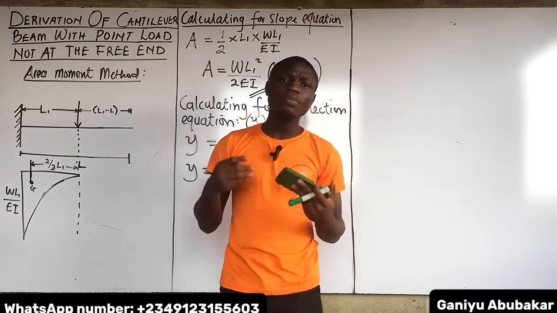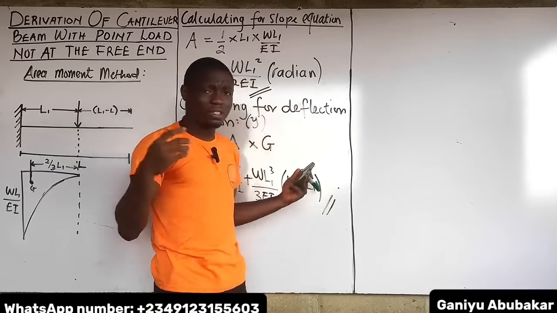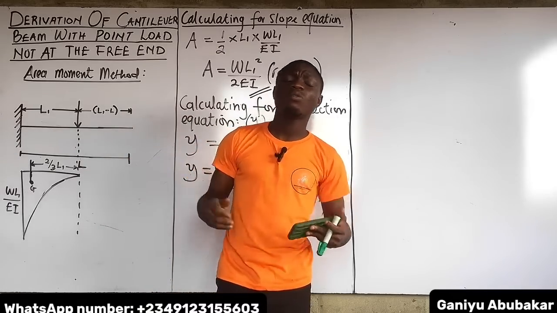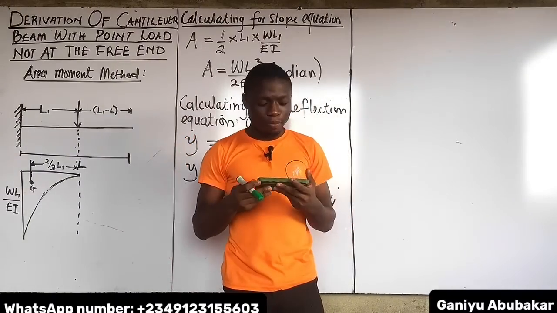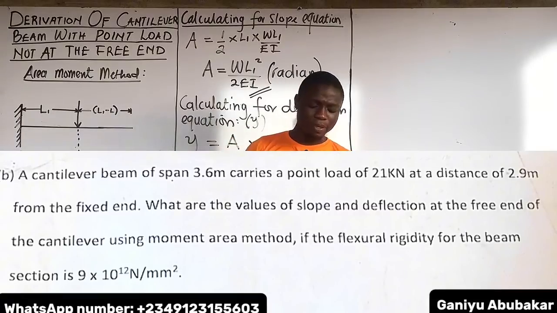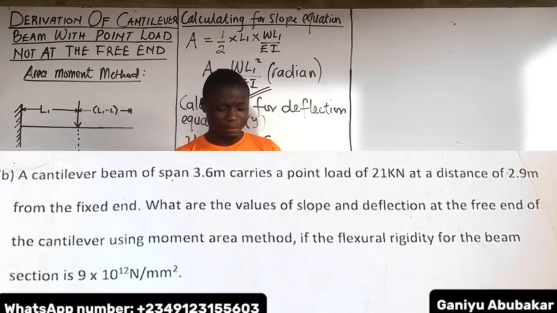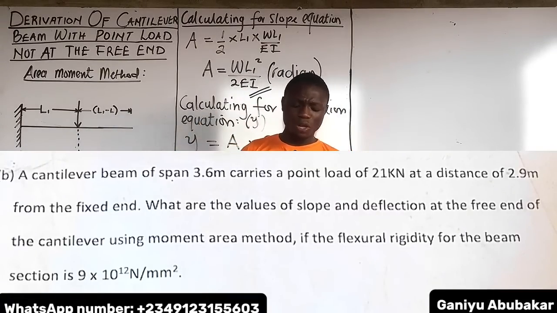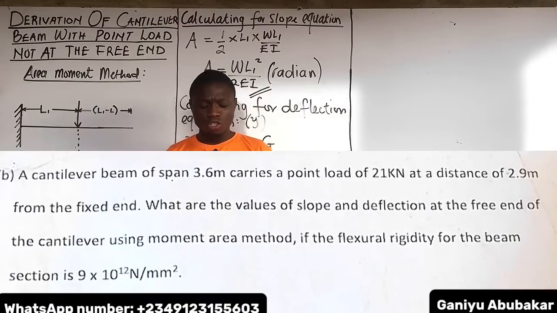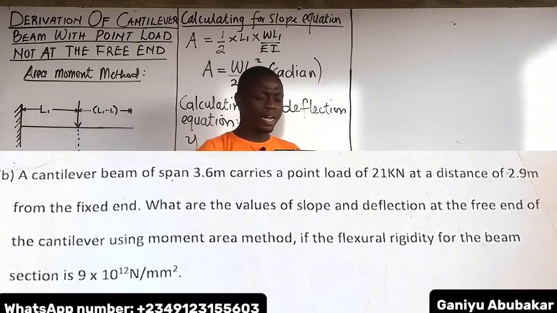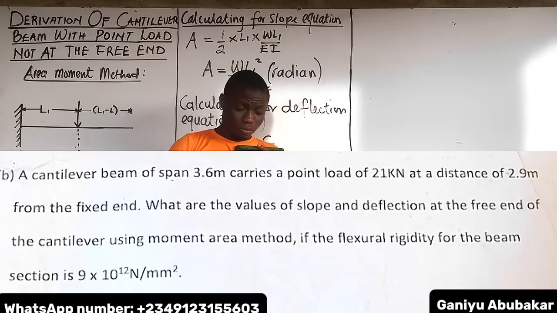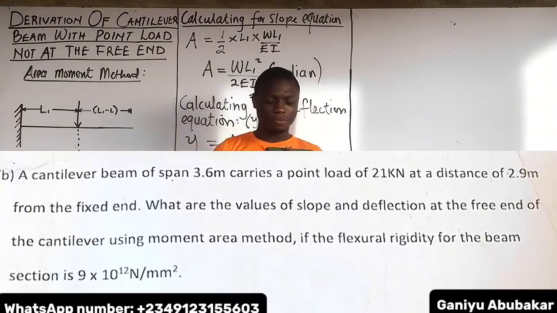Let's use this idea we have just understood to solve some past questions, and let's see what we can do. The example says that a cantilever beam of span 3.6 meters carries a point load of 21 kilonewton at a distance of 2.9 meters from the fixed end.